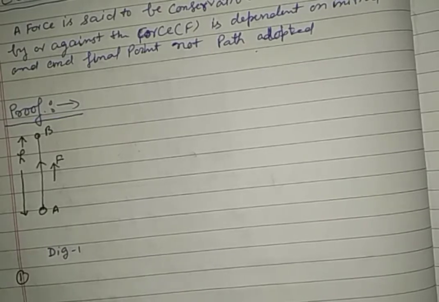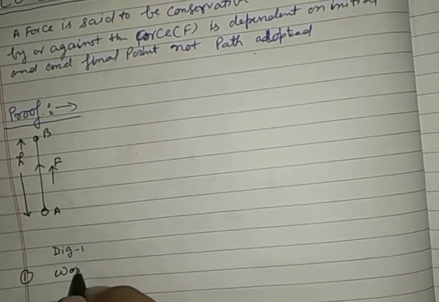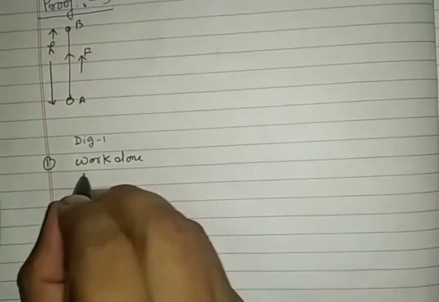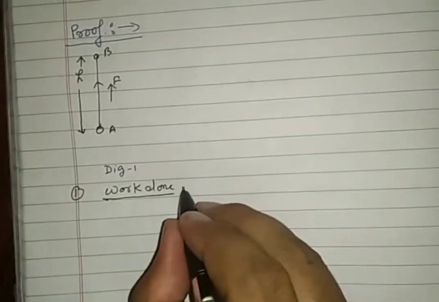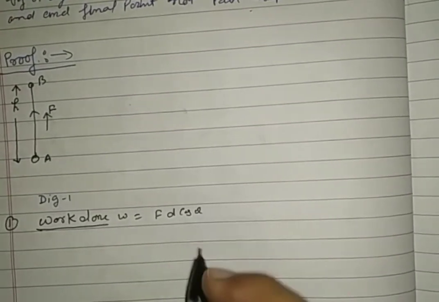So here in the first case, we are going to calculate the work done. Work done W is equal to F d cos theta.